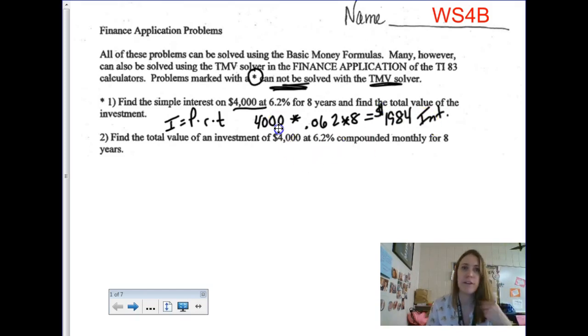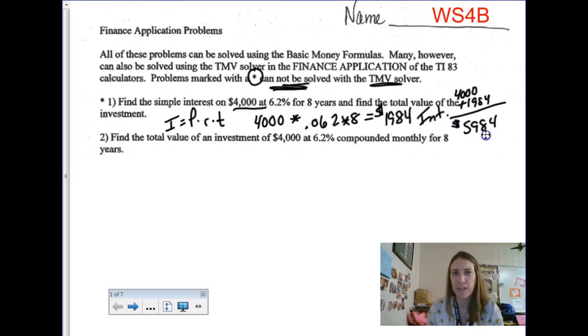They wanted to know the simple interest, but if they wanted the actual value of the account, you'd have to take the $4,000 and add that $1984 to it. So $5984 is the present value.